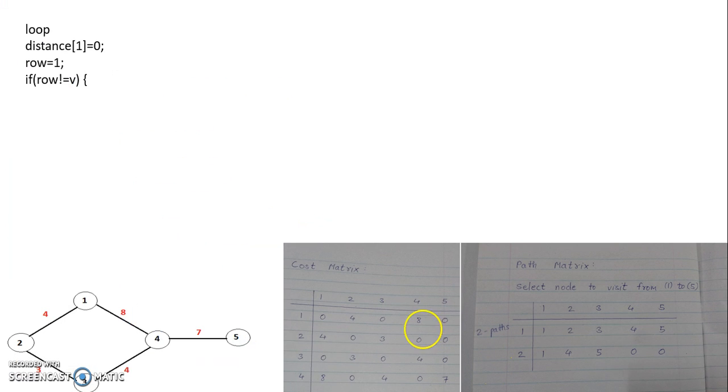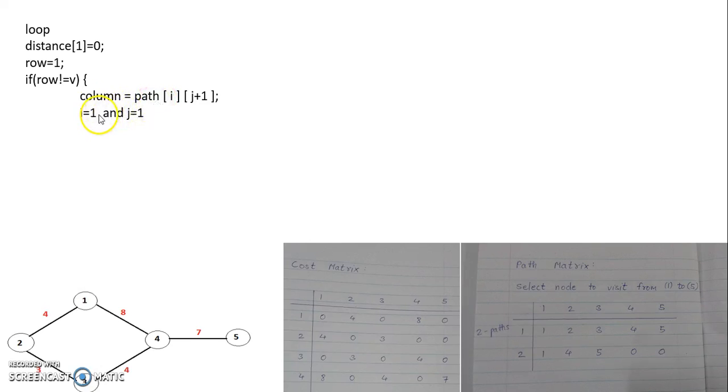For this I will be explaining it using iterations. As we can see, the value of v is 2 and the value of row is 1. It enters this if statement. In the column we have assigned path of I and j plus 1 in the path matrix.